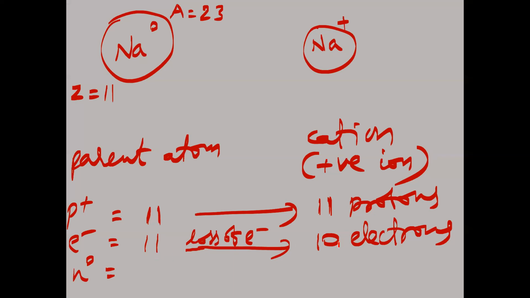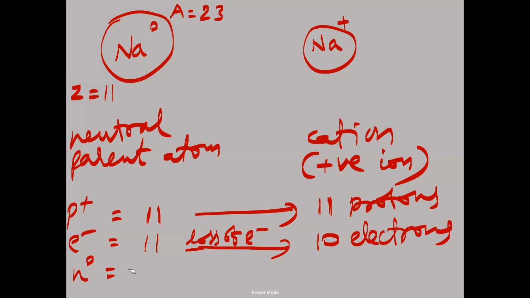So 11 electrons became 10. The number of electrons will not be the same in the neutral atom and the cation. This is the neutral parent atom, and this is the cation, the positive ion.